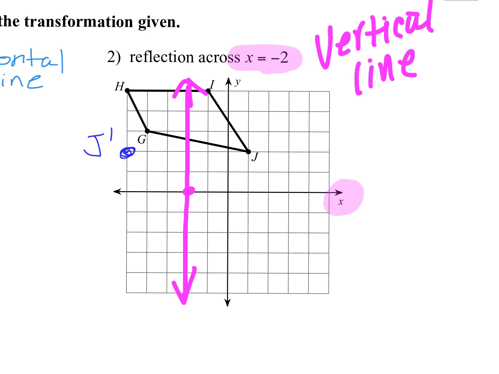Okay, G is 2 units to the left of the reflection line, which means that your G prime will be 2 units to the right of your reflection line. H, you can see where we're going with this, is 3 units to the left of your reflection line, which means it will be 3 units to the right after it is reflected.